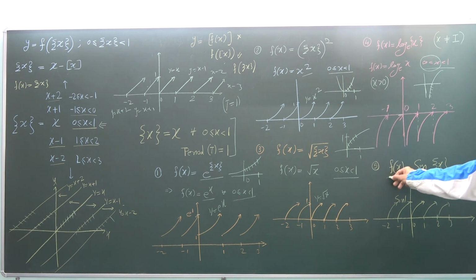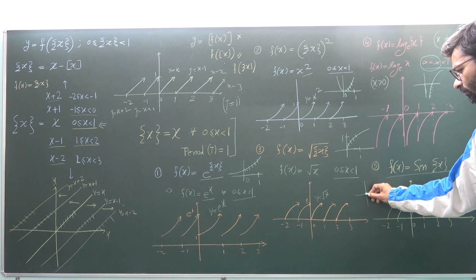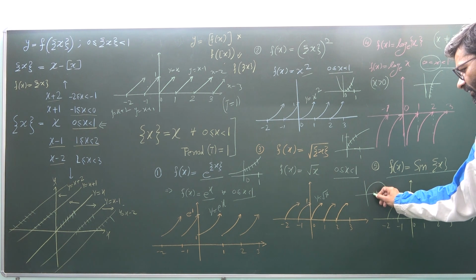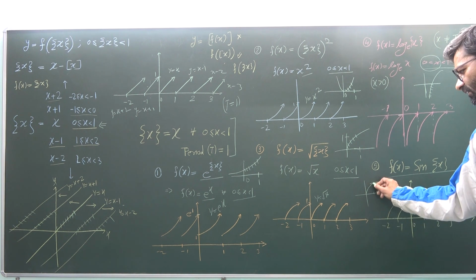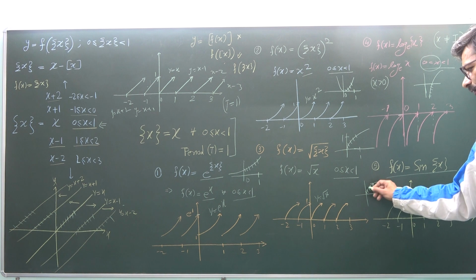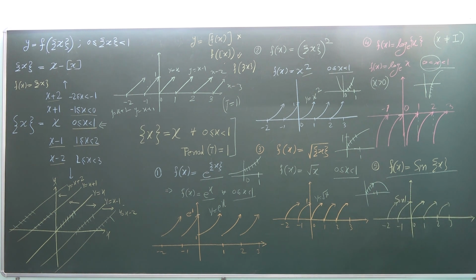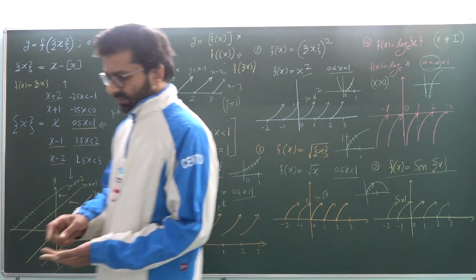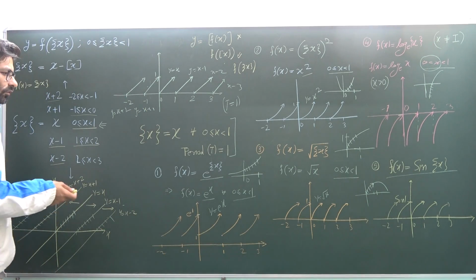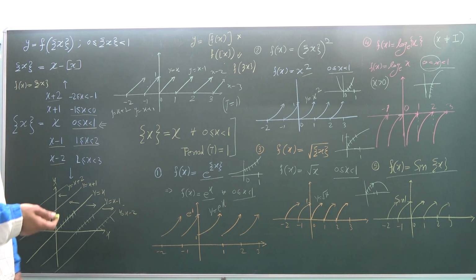Okay, suppose f of x equals sine of the fractional part of x. Draw sine x between 0 and 1, where 1 radian is somewhat 55 degrees. This is the part of the graph we are talking about. This y coordinate is sine 1 and then the period is 1. Why is the period 1? It's not very difficult to understand. Those who have done functions are aware of it.